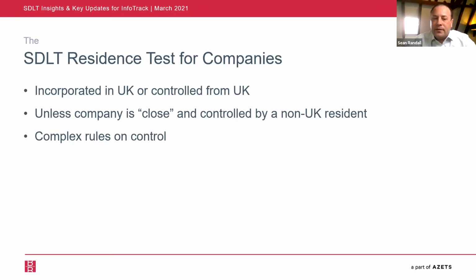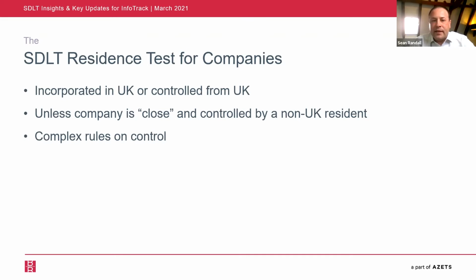And doing so can be tricky because there are particular anti-avoidance rules which attribute rights of control in certain circumstances. So really, it's not as simple as checking who the ultimate beneficial owner of a UK company is.